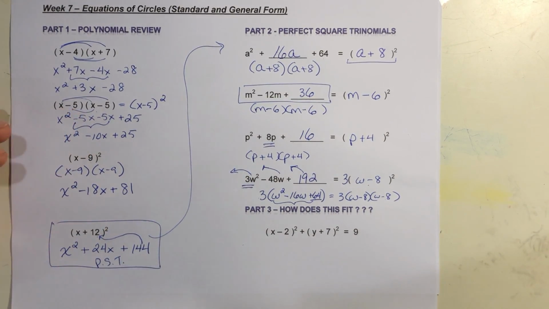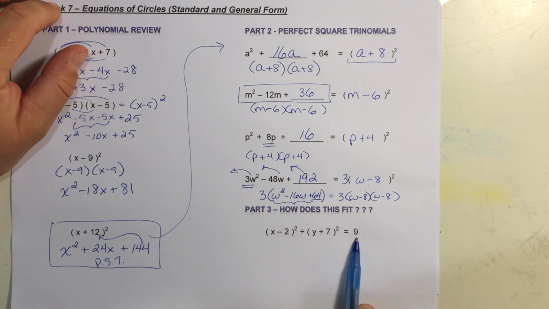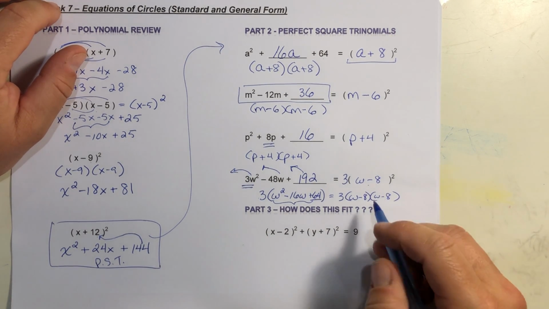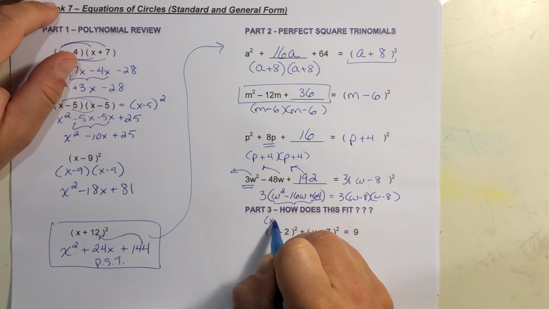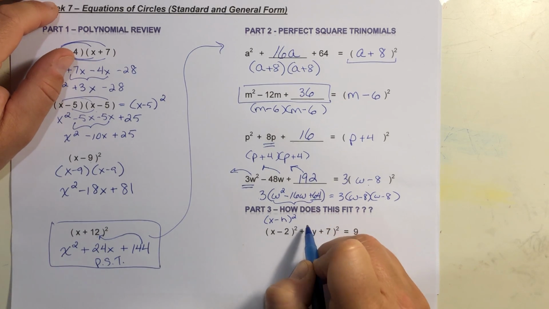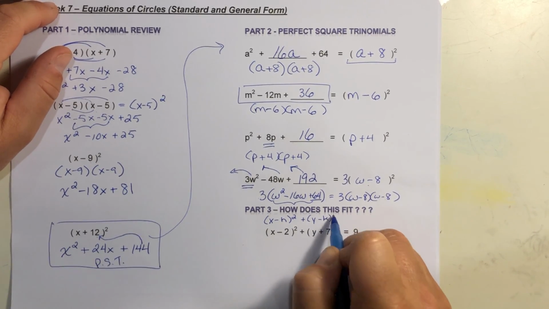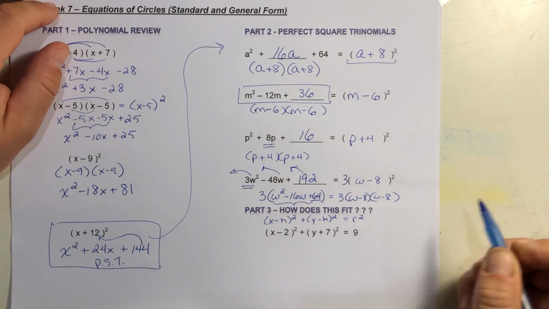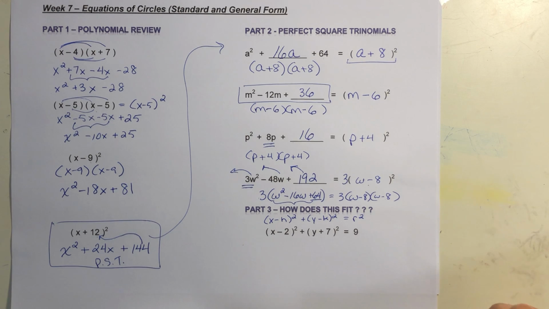Okay, finally, just to put this all together, part 3, how does this fit into our study of circles? So what I did here was I wrote a standard form equation of a circle. Now this is in standard form. Remember, guys, in our last couple videos, we had x minus h, quantity squared, plus y minus k, quantity squared, equals radius squared. So if I was trying to graph this, I would take out the important information.